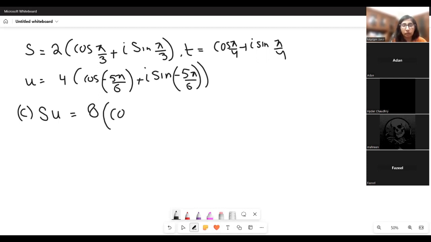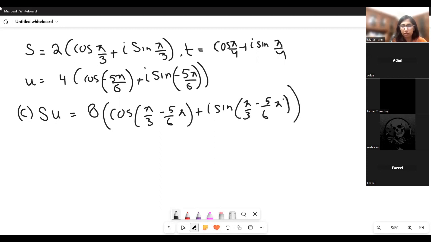So cos pi by 3 minus 5 by 6 pi plus iota sine pi by 3 minus 5 by 6 pi. So pi by 3 minus 5 by 6 pi is minus half pi.